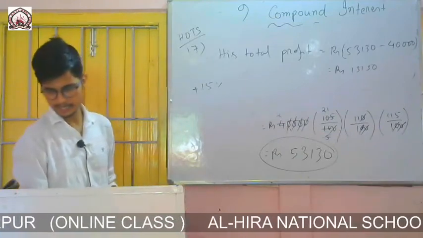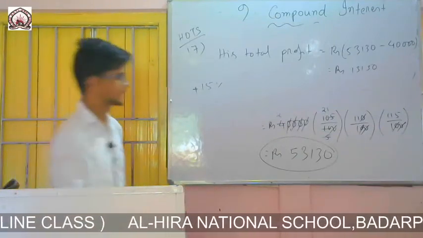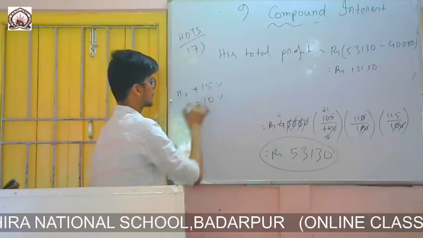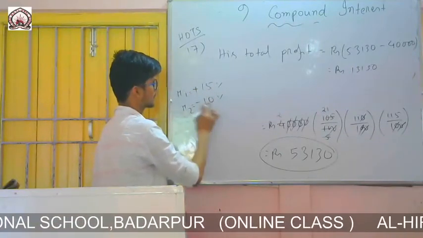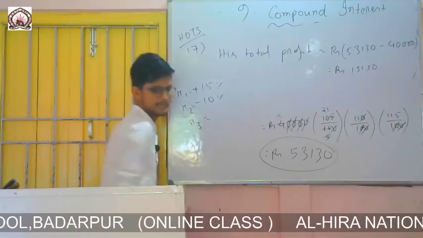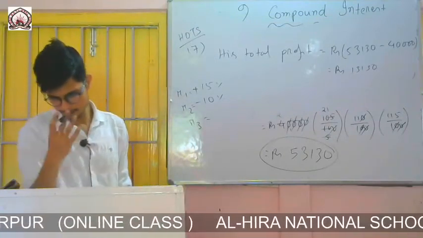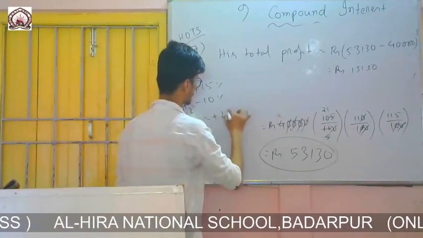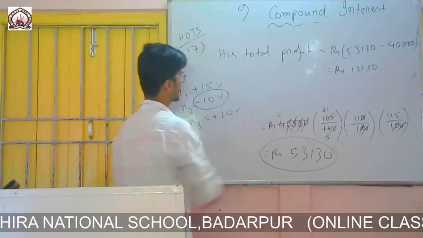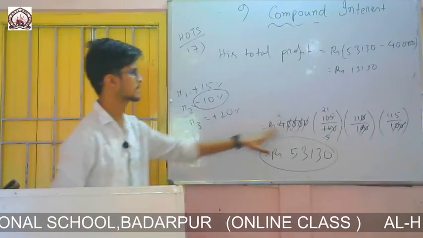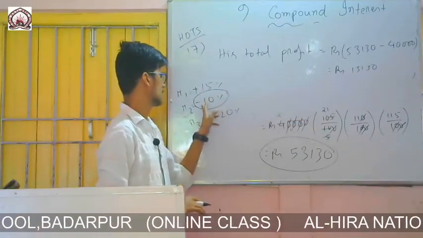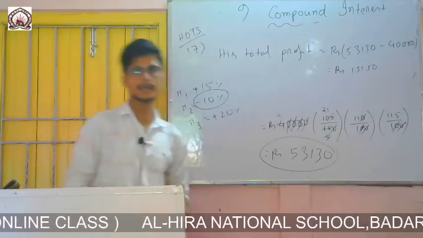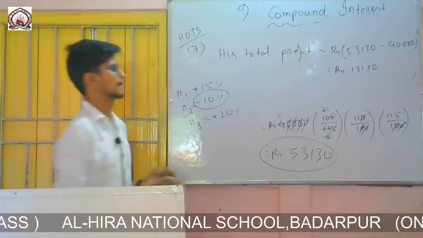Then for the next year he suffered a loss of 10%, that means minus. 3 rates are given, R1 will be this one, R2 will be minus this one, and for R3 he again had a profit of 20%, so there also it will be plus. So only this one will be minus. That means while taking successive rates, in the middle one, while writing R2 you have to write 1 minus R2 by 100.